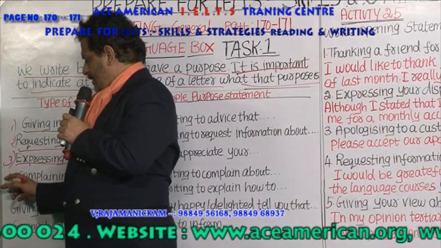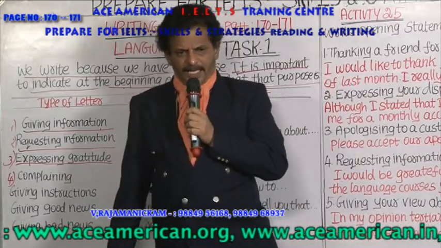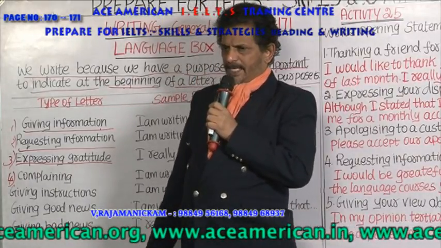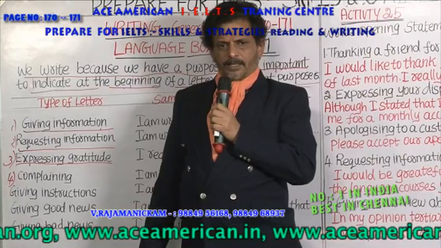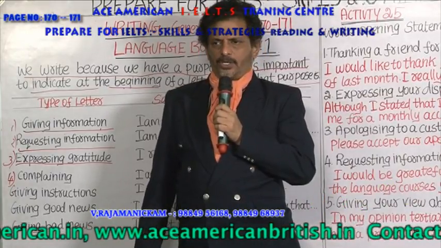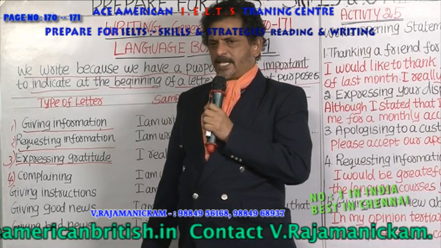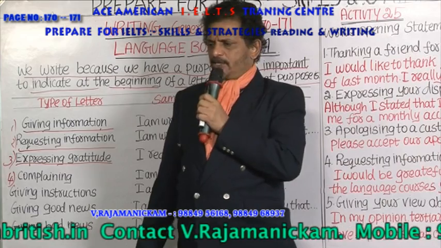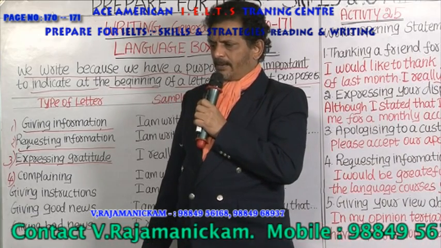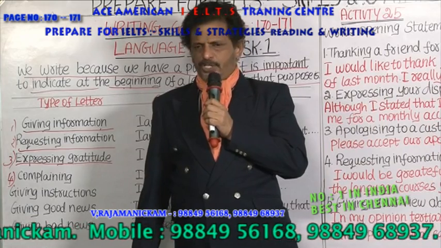Next, the fourth is a complaining letter. You are complaining about certain things. You are stating that your neighbors are making a lot of noise which disturbs you, or you lost your vehicle, or the service provided by the company is not good.